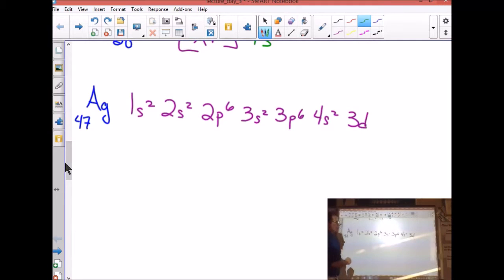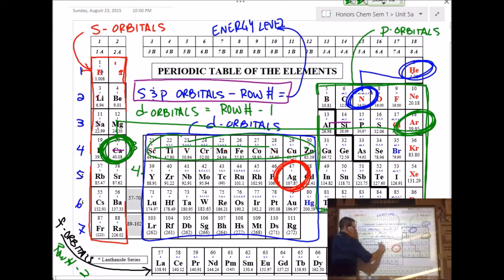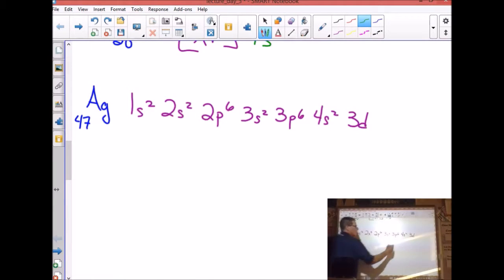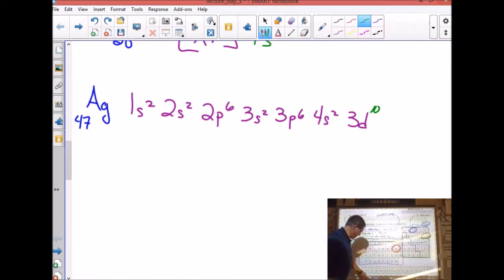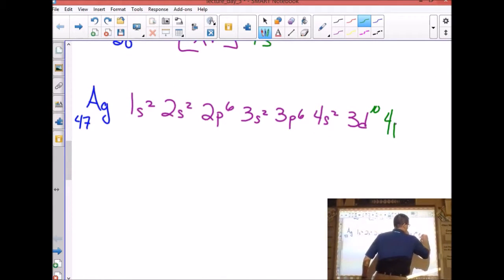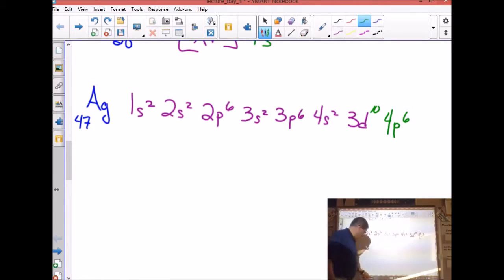So it'll be 3d, how many? How many elements are in here? 10, very good. And then from there, we're now into the 4p, good. 4p6, excellent. Getting ready to run out of room.